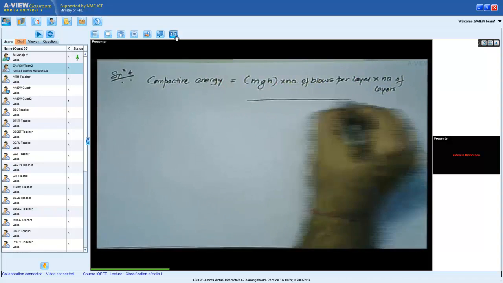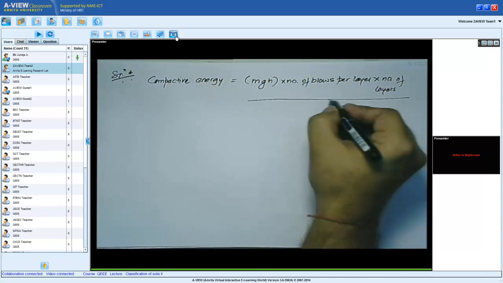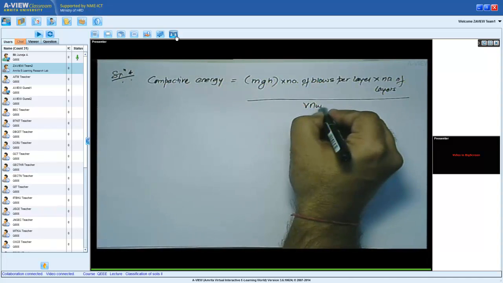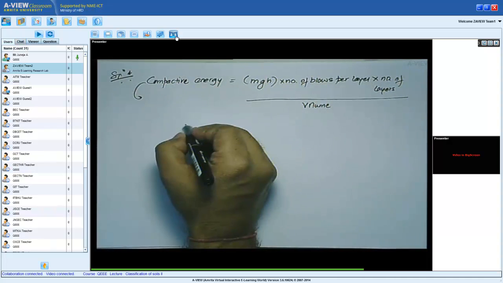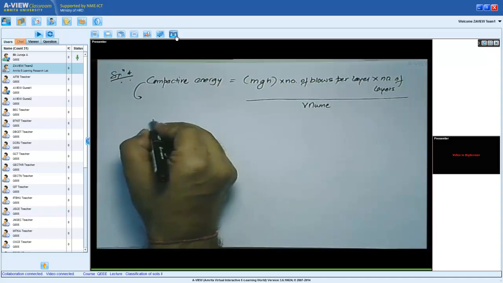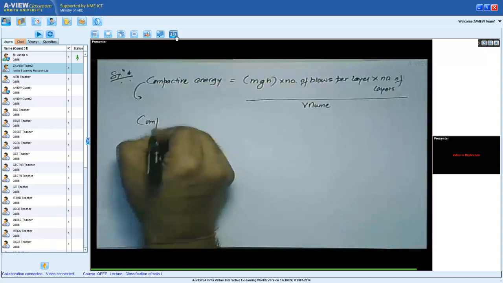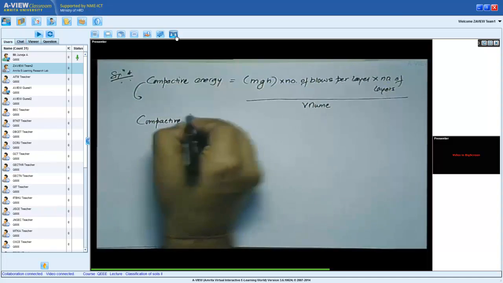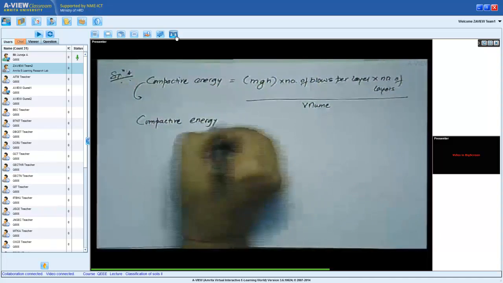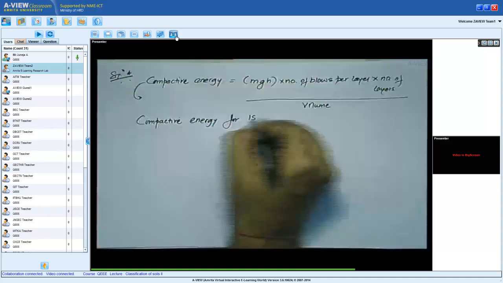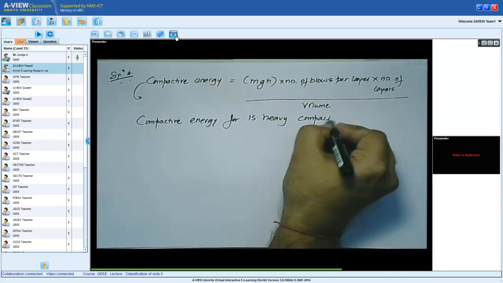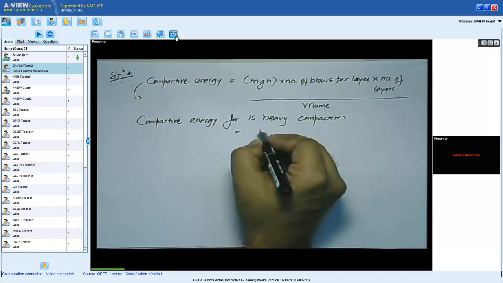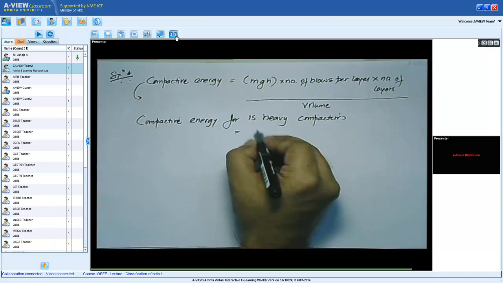Because you provide this energy over a fixed volume of soil, that's divided by the volume of the soil. If this is my basic equation, can I say compactive energy for IS heavy compaction gives a value of... The mass of the rammer is 4.9 kg.